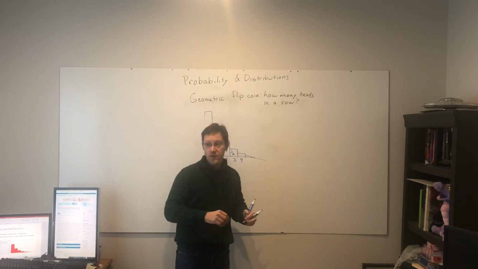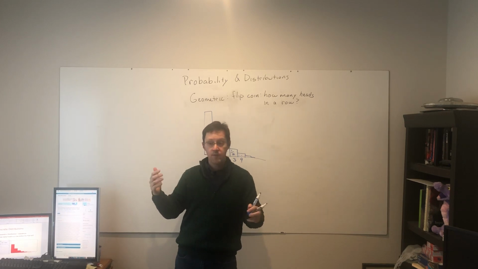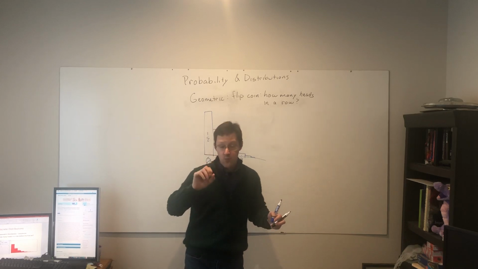And so you can then go and say, well, if I'm flipping a coin, how likely am I to actually get a series of 5 heads in a row right off the bat?